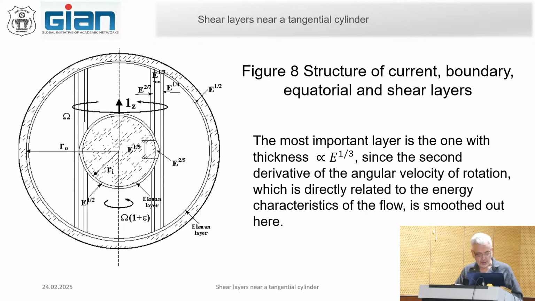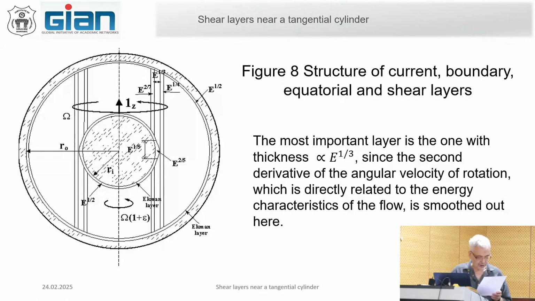On this figure which you see here, first of all, the figure illustrates the fact that the rotation of the inner sphere is with a slightly higher angular velocity than everything else is rotated. This higher angular velocity leads to the transfer of angular momentum and mass, which determines the entire flow under consideration.